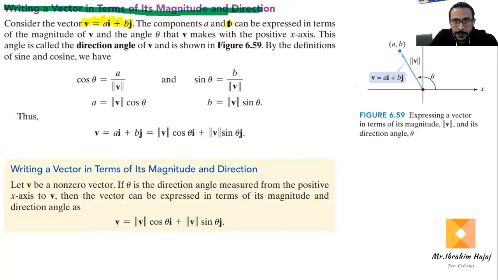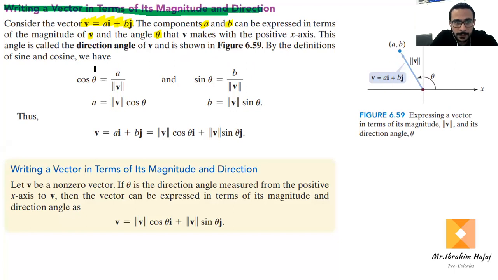A and b are components, a in the x-axis and b in the y-axis, and can be expressed in terms of magnitude v and the angle theta, the direction that this vector v makes with the positive x-axis. This angle is called the direction angle of v, as in this figure. You have a and b here, and this is the angle theta from the positive x-axis to the vector v equals ai plus bj.